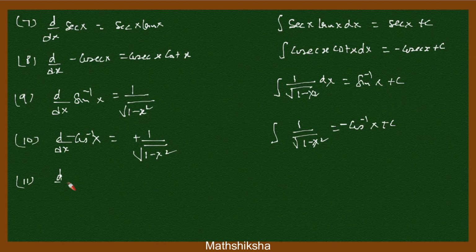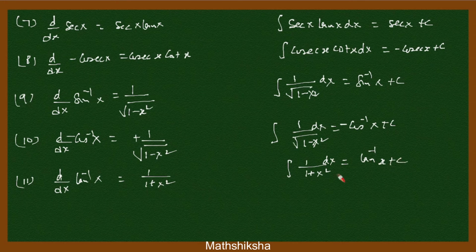Then d by dx of tan inverse x is 1 upon 1 plus x square. So we can say 1 upon 1 plus x square integration is, here you write dx with respect to x, इसके बिना मीनिंग नहीं होगा, tan inverse x plus c.